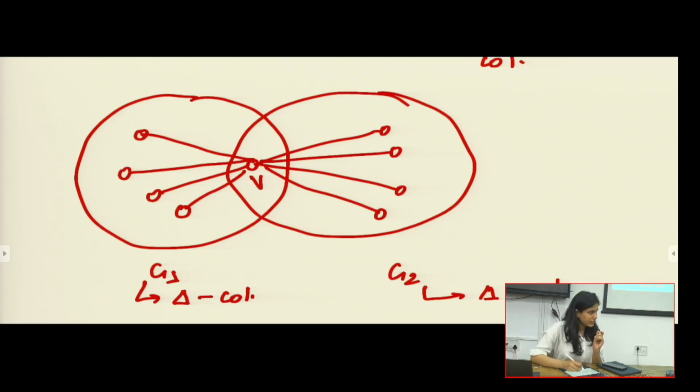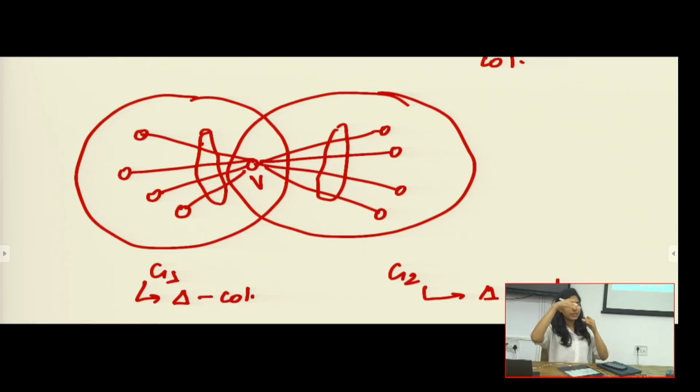Suppose v is a cut vertex, then we have at least one vertex on this side and one vertex on this side. Like G1 is the graph after deleting v, basically I am taking G1 to be this part including v. Since we are deleting at least one vertex from the right side, we are deleting at least one edge. So this graph will be delta colorable, and this graph will also be delta colorable. How many edges can appear here? At most delta.